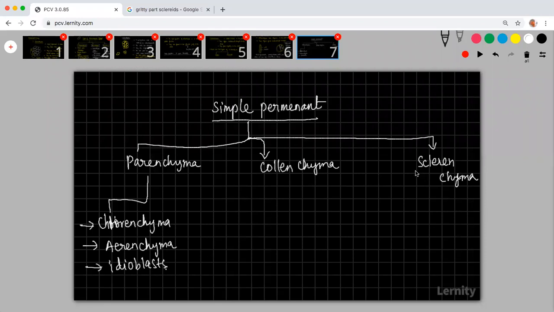In collenchyma, you don't have types. In sclerenchyma, you will have fibers and sclerites. Okay, so this is what we have studied for the entire day. So this is how your simple permanent tissues are. So in the next class, we'll go for complex permanent tissues.